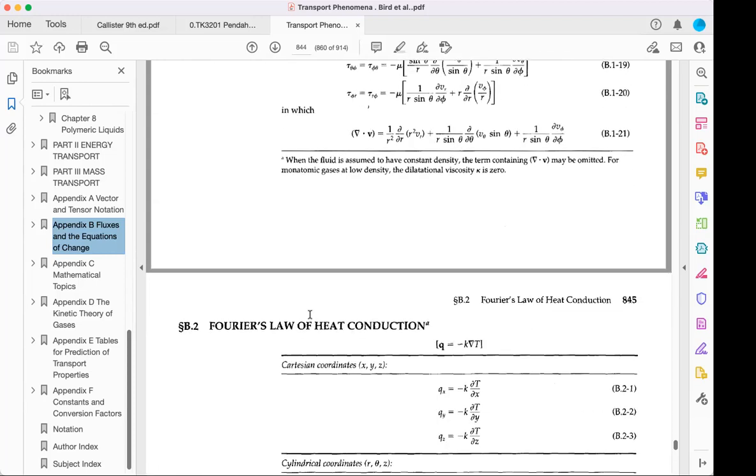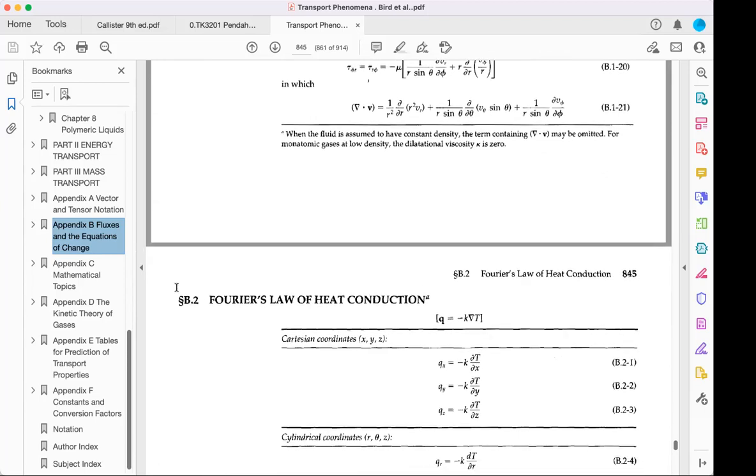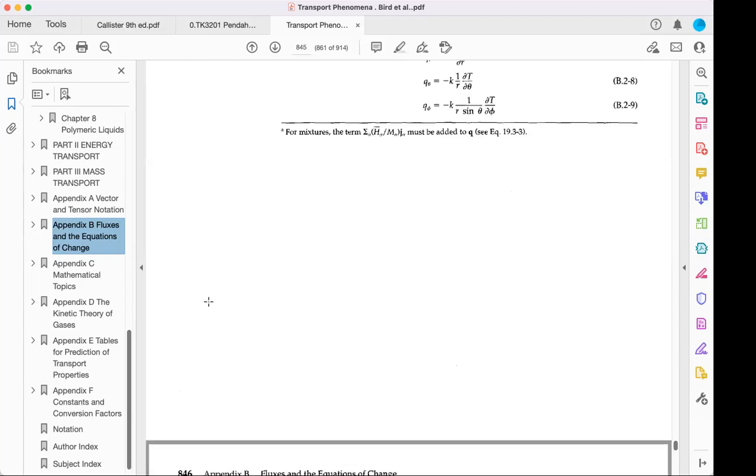And then the second one, B2, is for the Fourier's law of heat conduction. We're just going to skip it for later, but you can see it here.